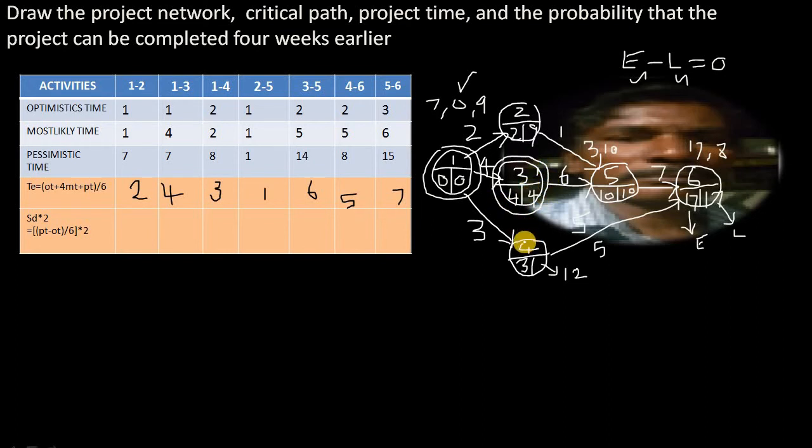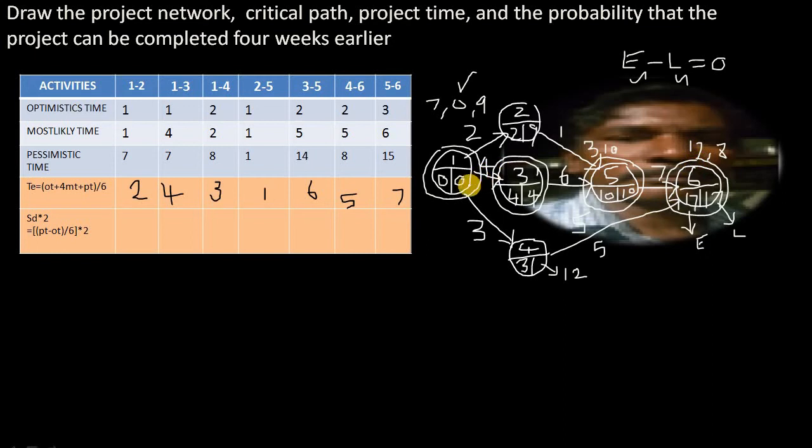And in the fourth event, the difference is not equal to 0. In the fifth event, the earliest time 10, latest time 10, difference is 0. So we have to give importance to these events where the difference between earliest time and latest time must be 0. So again, sixth event, the difference between earliest time and latest time equals 0. So note it.